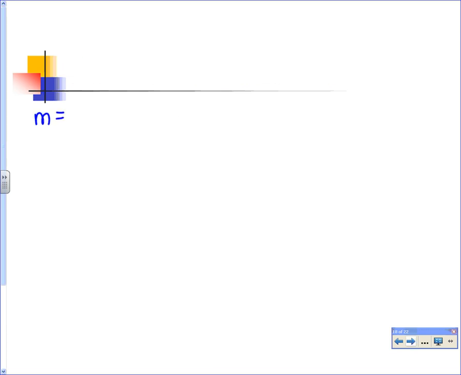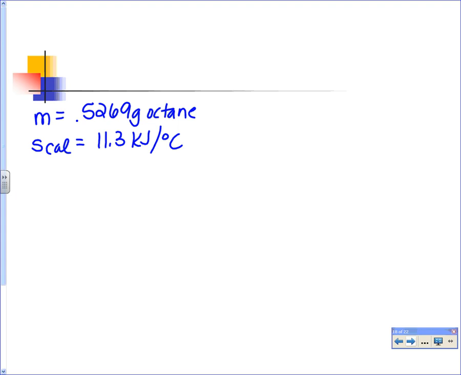We know we have 0.5269 grams of octane. We had the specific heat of the calorimeter. It was 11.3 kilojoules per degree Celsius. We know how much the temperature changed by.